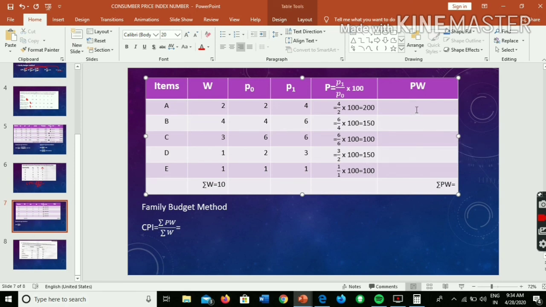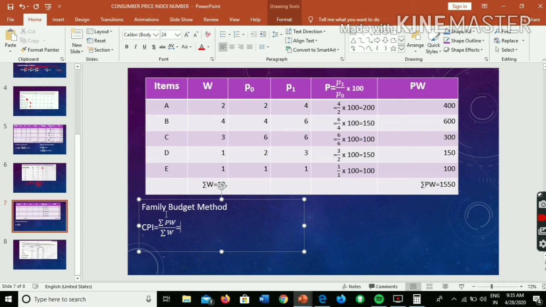So next, find PW, that is price relative into weights. So 200 into 2, 400. Next, 4 into 150 gives 600. Next, 3 into 100, 300. 1 into 150, 150. 1 into 100, 100. Now add, so 1000, 1300, 1450, 1550.